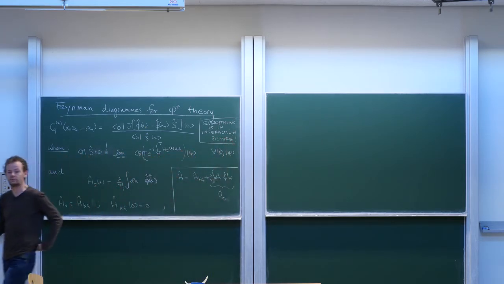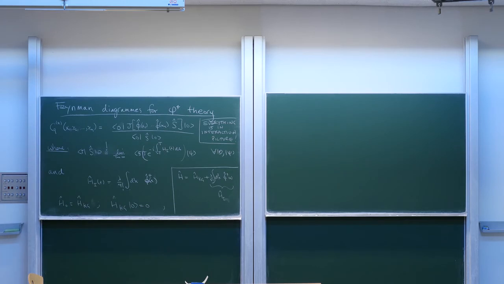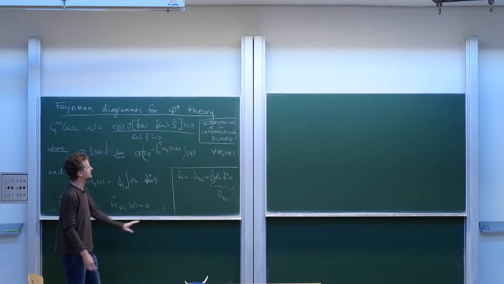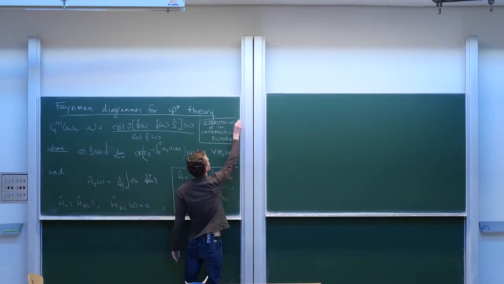Everything is in the interaction picture from now on. This saves us the bother of having subscript I for interaction, subscript H for Heisenberg, subscript S for Schrödinger. Everything's going to be in the interaction picture unless I tell you otherwise.